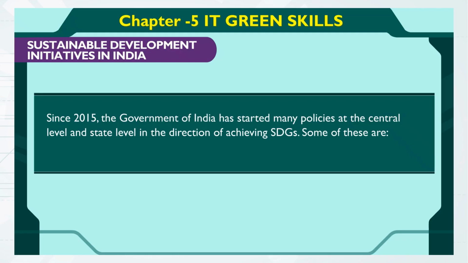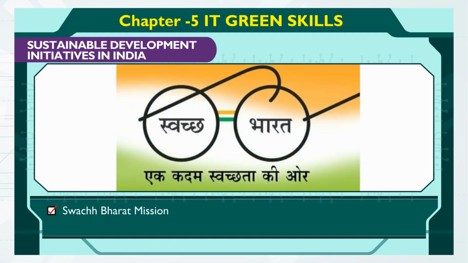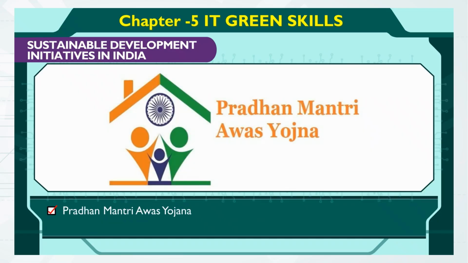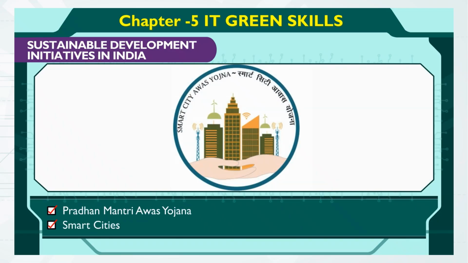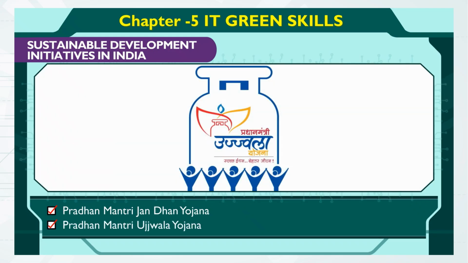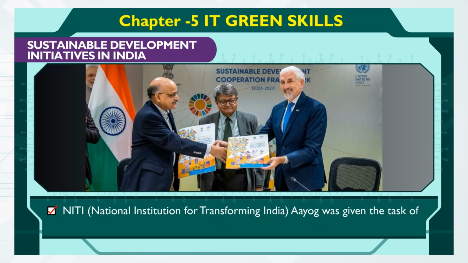Some of these are Swachh Bharat Mission, Beti Bachao Beti Padhao, Pradhan Mantri Awas Yojana, Smart Cities, Pradhan Mantri Jan Dhan Yojana, Pradhan Mantri Ujjwala Yojana. NITI Aayog, National Institution for Transforming India, was given the task of coordinating SDGs in India.